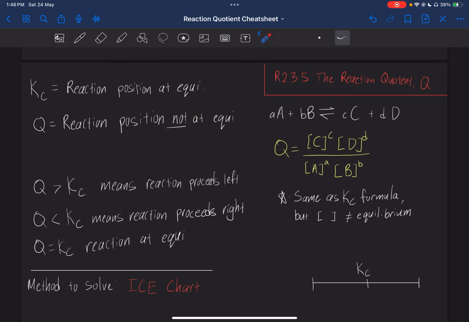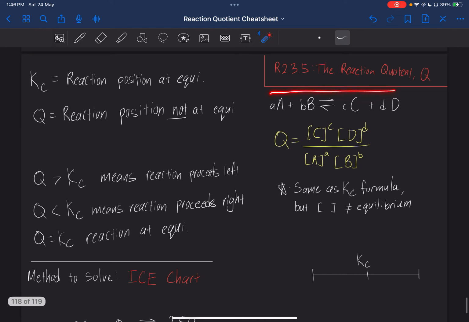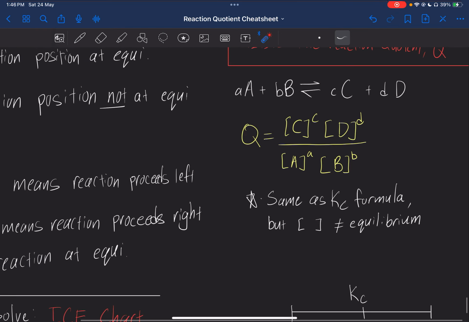So let's take a look on this side over here. For the example reaction, we have the formula for Q, and this is really important to remember as this is not in the data booklet. It is the same as the equilibrium constant formula, but the concentrations are not at equilibrium, which basically means that these concentrations are given at a particular point in time of the reaction, not when equilibrium has occurred yet.